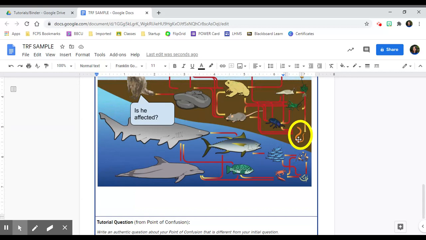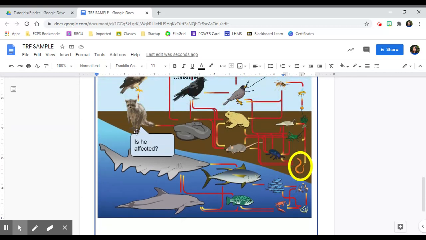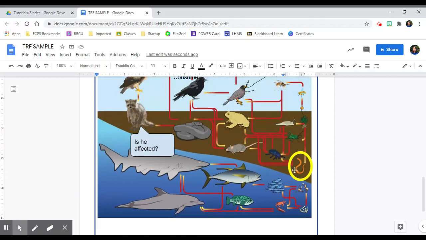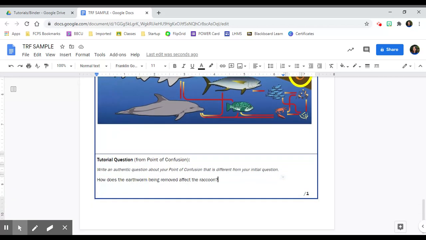So maybe I'm stuck with, how does the earthworm being removed affect the raccoon? And so that's my tutorial question. After I did all my thinking, this is where I'm stuck. I get that this affects right here, but how does this one earthworm affect this raccoon?